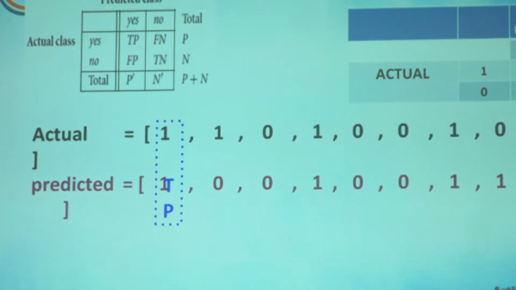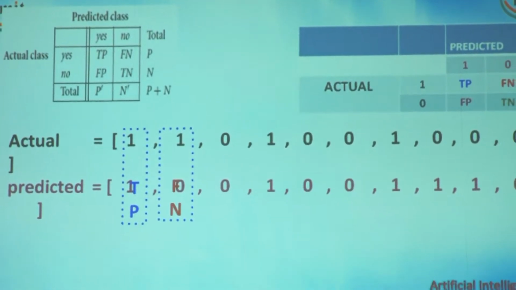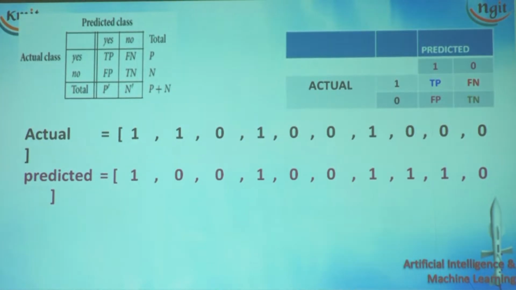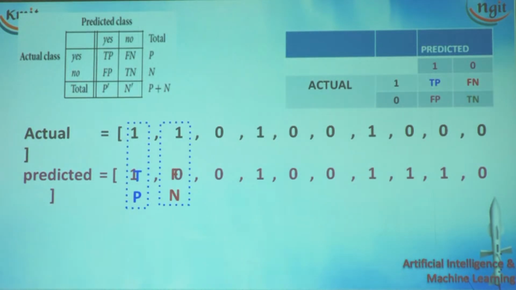And see here, this is true positive, this is false negative. I think it is overlapping, it will destroy all because after downloading the formats are changed. Okay, so this is the true positive, this is actually positive, predicted as negative. So false negative, it is predicted as negative but false.